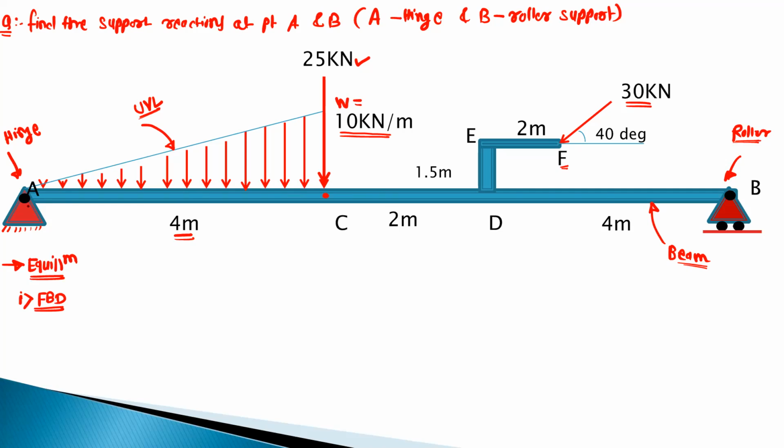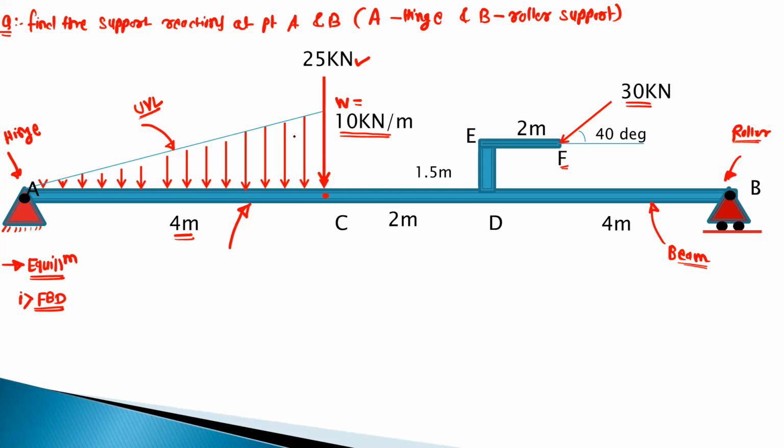So there is a support at point A, which is a hinge support, and a support at point B, which is the roller support. Just draw the diagram for this beam AB. Then show the reactions at point A and point B, and then show the different forces acting on that beam AB.